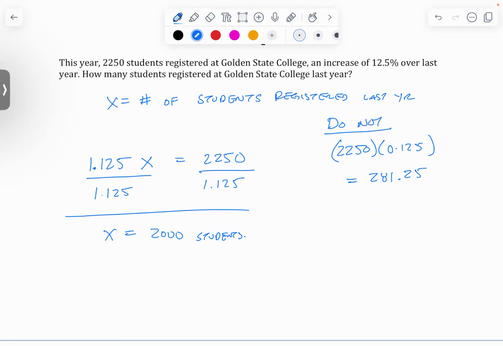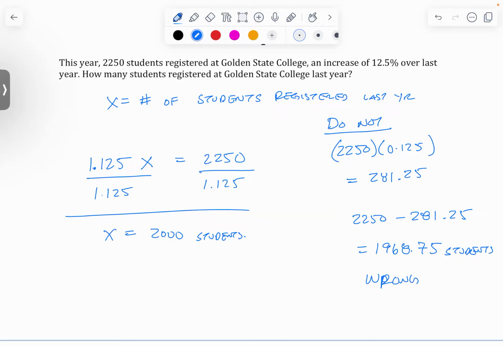That's bad news. But okay, if I continue, everyone's like basically exactly what we did last time. Oh, well, let's do 2250 minus 281.25. This gets us 1968.75 students. Notice, this is the wrong answer.